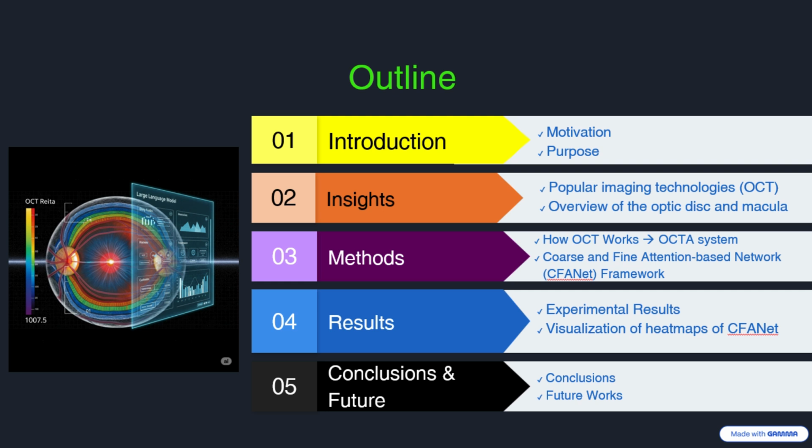In methods, I will talk about how OCT works, especially the OCTA system, and also the framework of this deep learning model, the coarse and fine attention based network, or CFA-net. In the results, I will of course talk about the imaging results from this framework and also the heat map visualization. Then in the conclusion, I will talk about the future and the summary of this research. Let's begin with the introduction part.